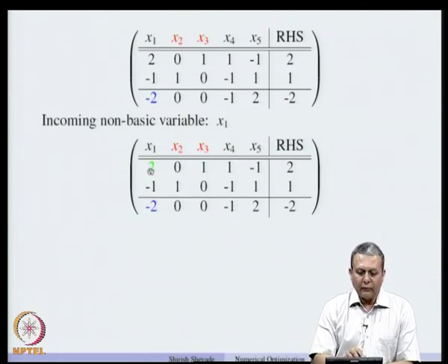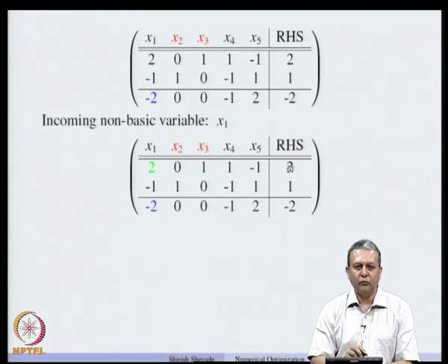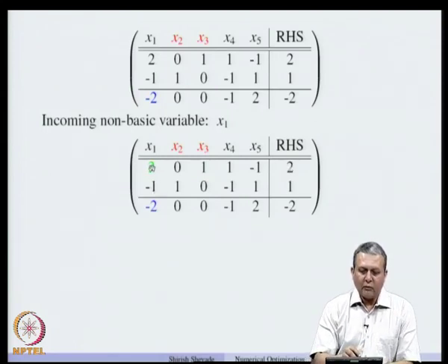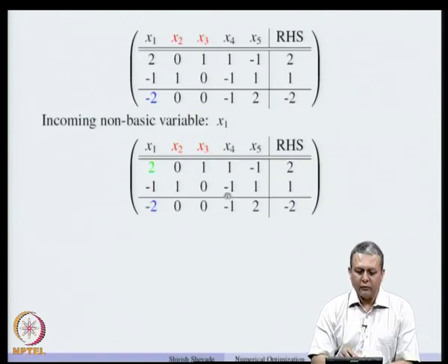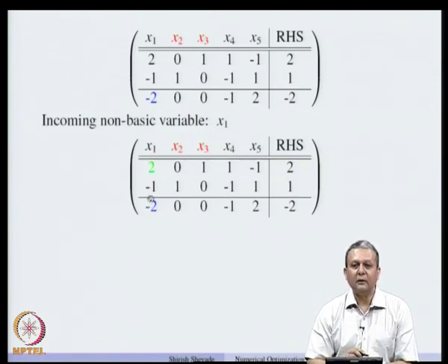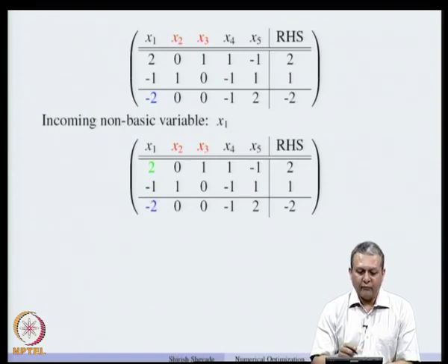Now, what we do is that we first make sure that at this point the tableau has a value 1. This is done by dividing the entire row by 2, and therefore the new basic variable x1 will have a value which is 1. Once we make this entry in the tableau 1, we have to make sure that the rest of the entries in that column are made 0, so that x1 will represent the basic variable.